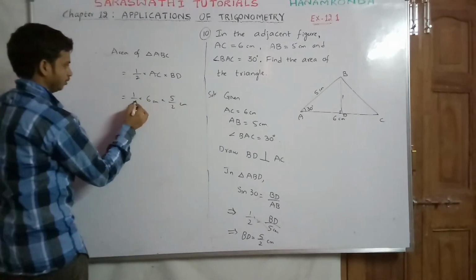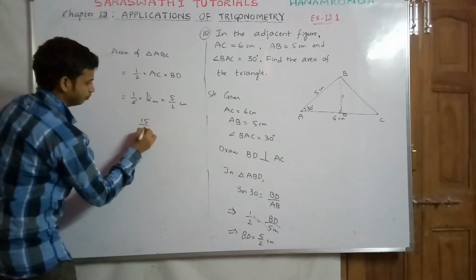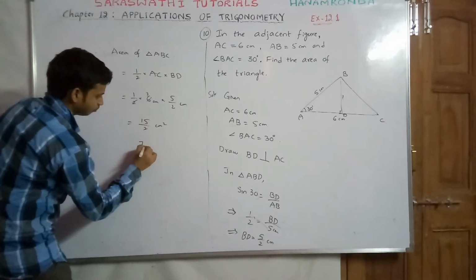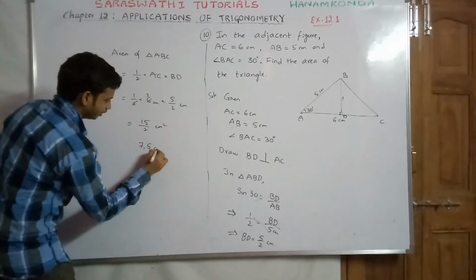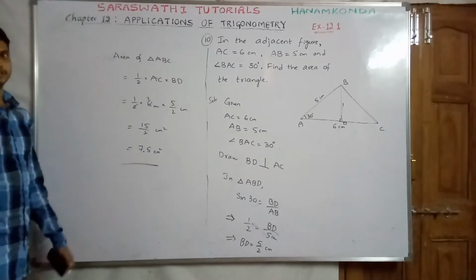Two 3s are 6, and 3 fives are 15, so 15 by 2, and centimeter into centimeter is centimeter square. So 15 by 2 is 7.5 square centimeters. This is the area of triangle ABC, so this is the answer.